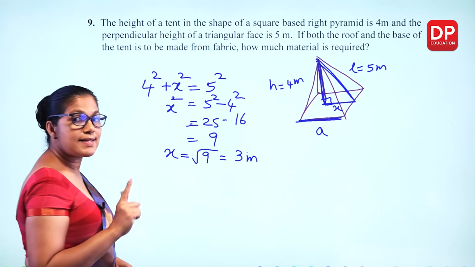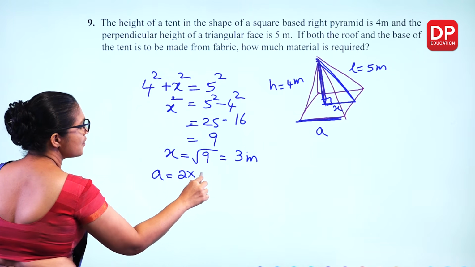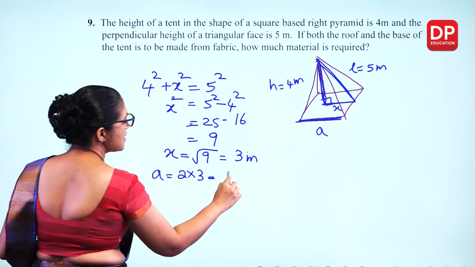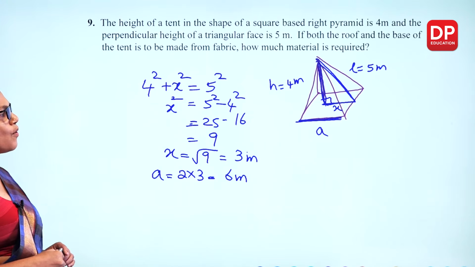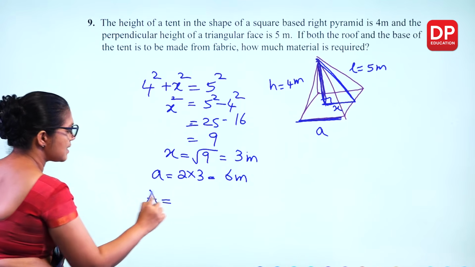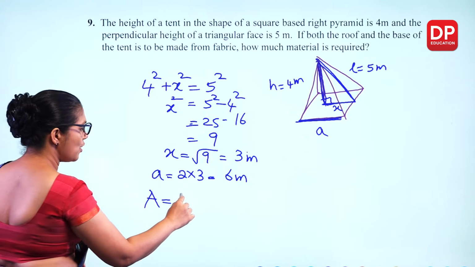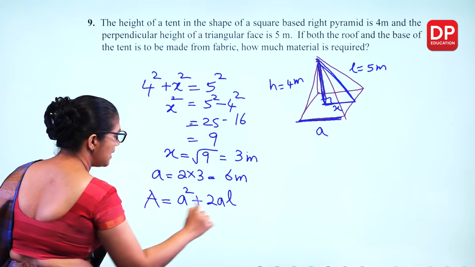So what is the base length now? Base length is 2 times 3. So you get 6 meters for the base length. Now we know A and L. You can find out the total surface area. What's the formula? A squared plus 2AL.